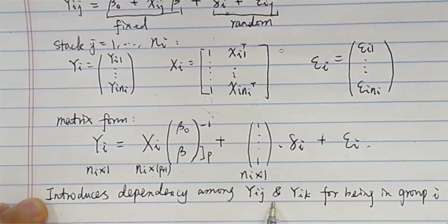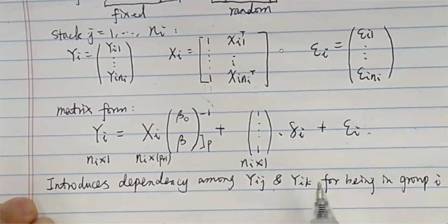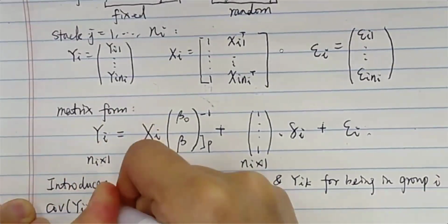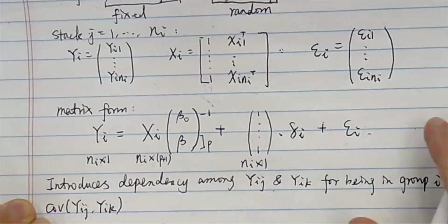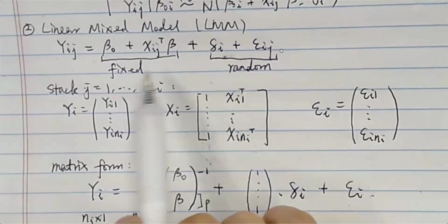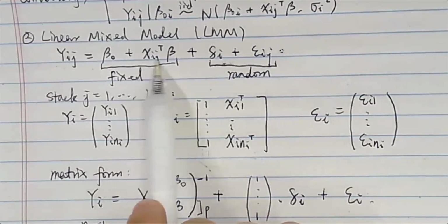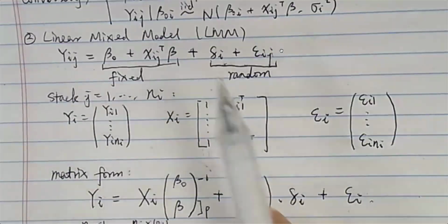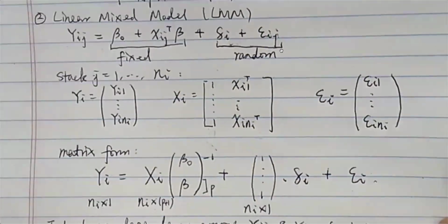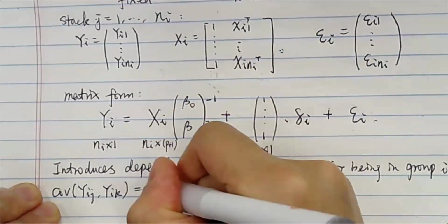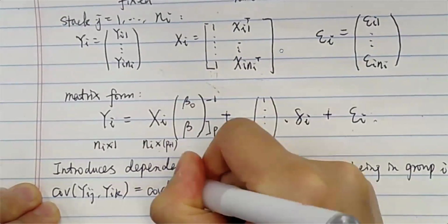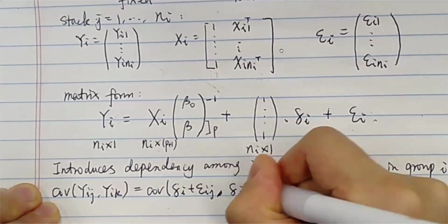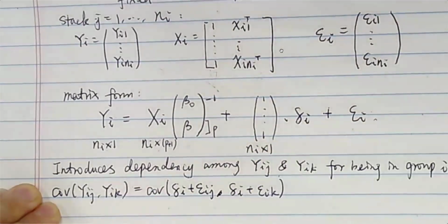Let's just do a calculation of the covariance between Y_ij and Y_ik. Let's look at their formulation again. So the fixed part doesn't influence their covariance, only the random part. One has j, one has k, but they share the common delta_i. So this is essentially the covariance of delta_i plus epsilon_ij and delta_i plus epsilon_ik.